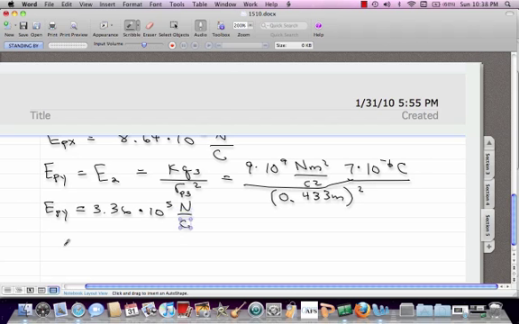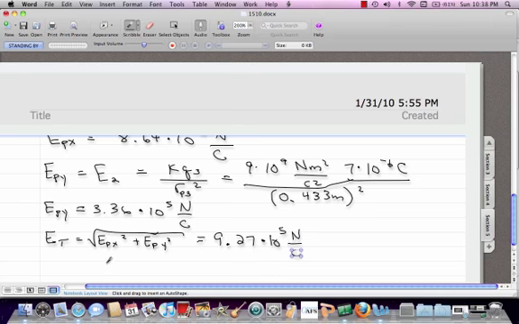Okay, so now I have my EPX and my EPY, so I can find my E total by taking the square root of EPX squared plus EPY squared. And so when I do that, I find that the magnitude is 9.27 times 10 to the 5th newtons per coulomb.